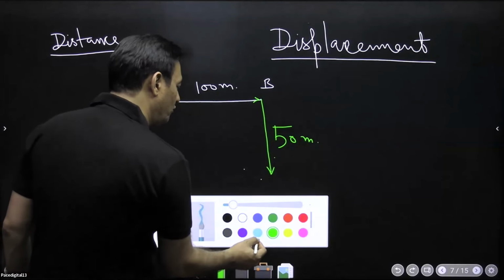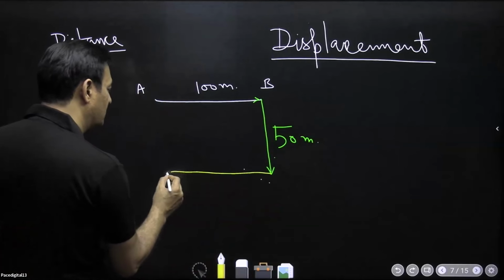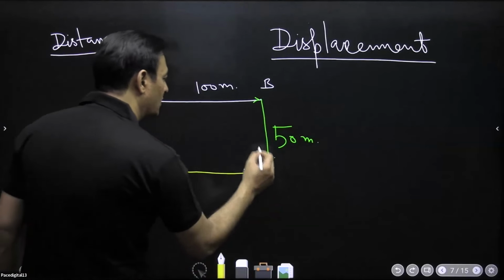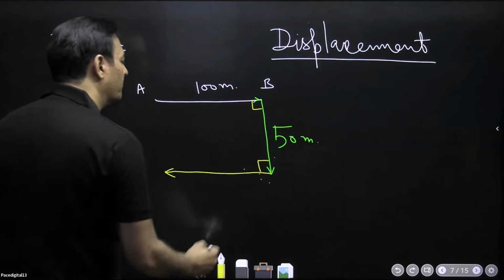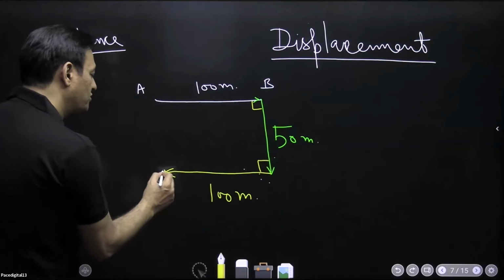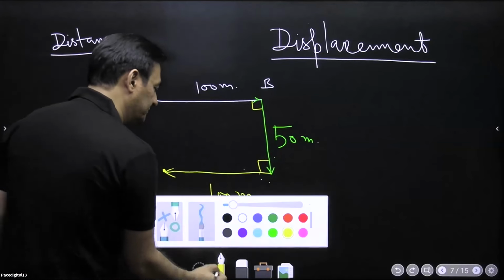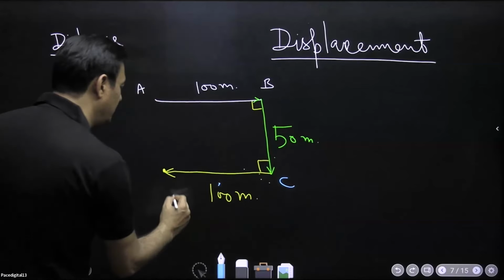And now it moved towards west, again 100 meters. This angle will be 90, this angle will be 90. Again, we reach this point called D. So the points are A, B, C, D.